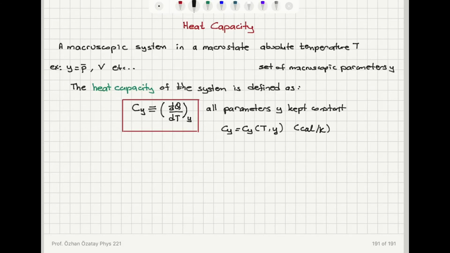For example, the heat capacity per mole is also known as molar specific heat, or specific heat per mole.